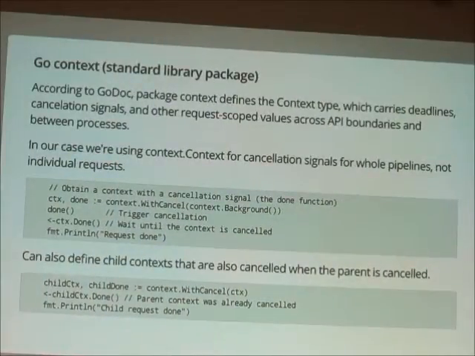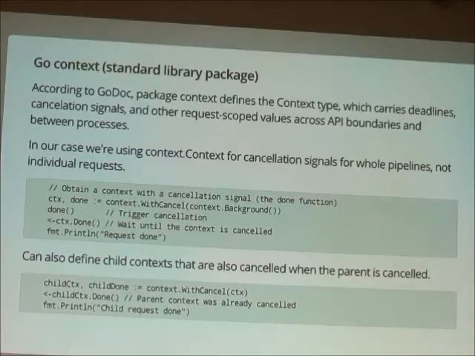So one of the standard library packages that is useful is the context library. Not that it necessarily does that much, but it does some stuff that is worthwhile not to reinvent. So the context type carries deadlines, cancellation signals, and other values that are typically scoped to a request. So like an HTTP request, for example, or maybe a message coming in from a message queue.